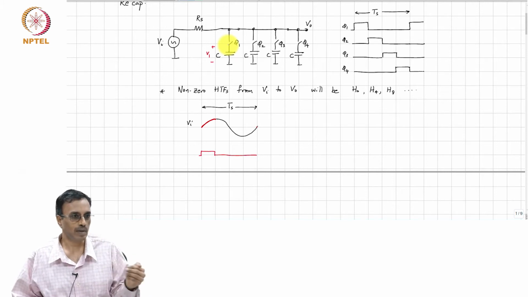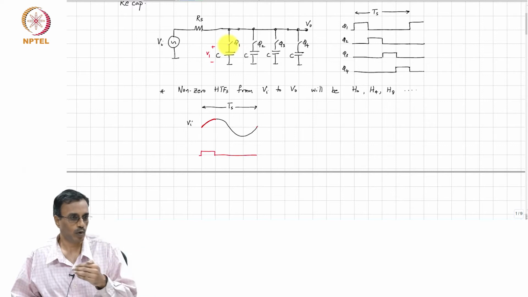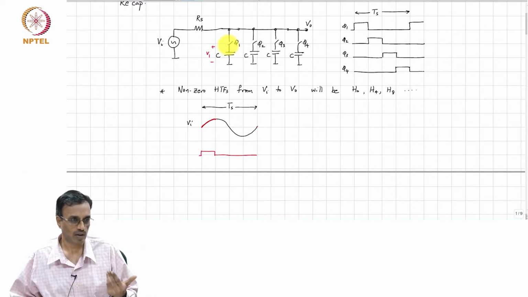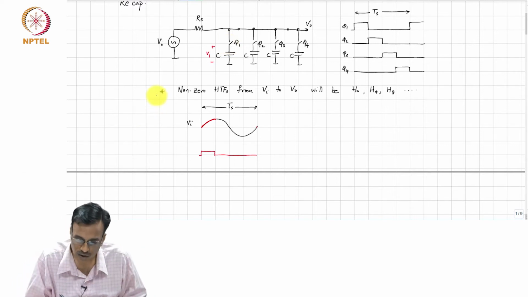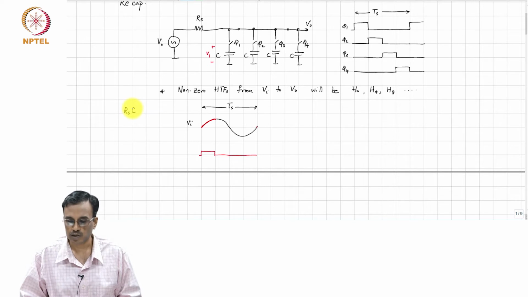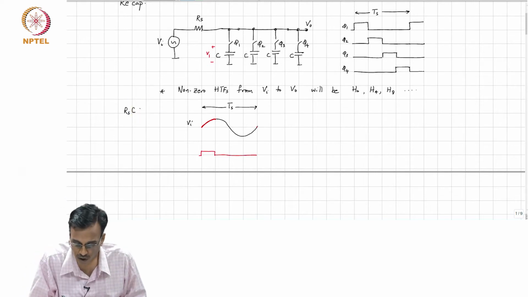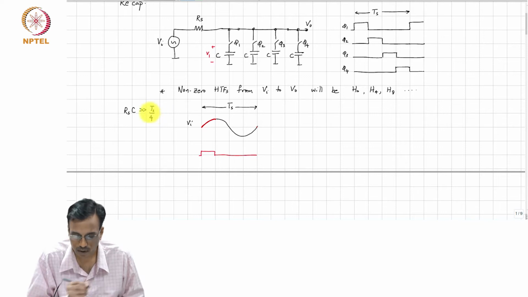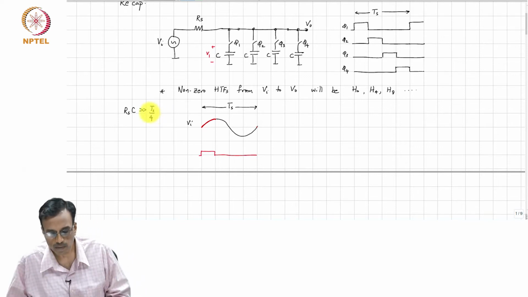So, when the two become equal, the capacitor voltage will remain constant in steady state. And it turns out that you choose this R_s times C, which is the RC time constant corresponding to the charging of the capacitor, to be much larger than T_s by 4, right. And what does this mean?